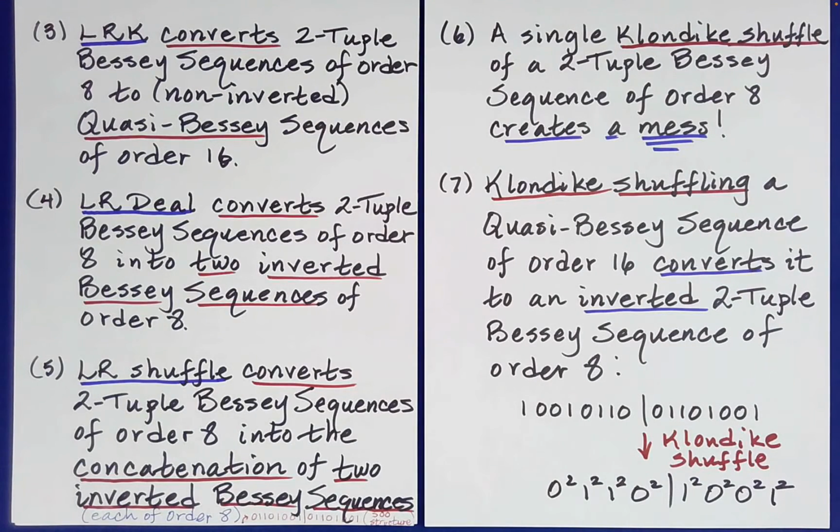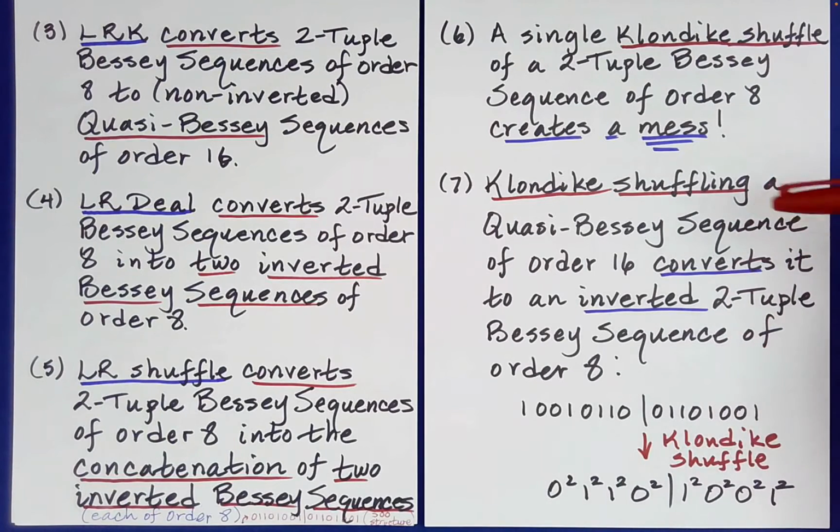Okay. Now, it is true, though, that Klondike shuffling a quasi-Bessie sequence of order 16 converts it to an inverted two-tuple Bessie sequence of order 8, which is super cool.